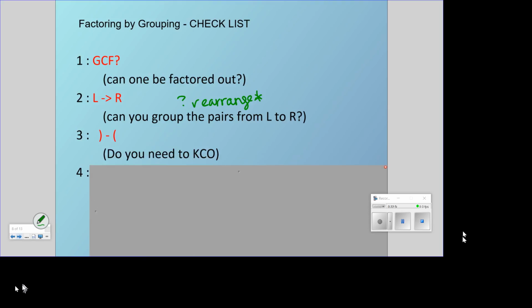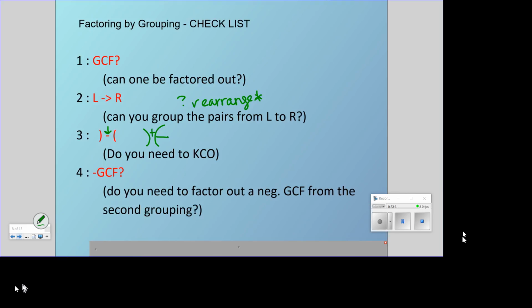Also look, is there a subtraction sign in between the middle 2 terms? If so, you need to keep change opposite, or group it as I showed you, where you group that minus with the next term and put a plus in between your parentheses. And lastly, do you need to factor out a negative GCF to make all your signs match? That's the last thing to be looking for as you're going through this grouping process.